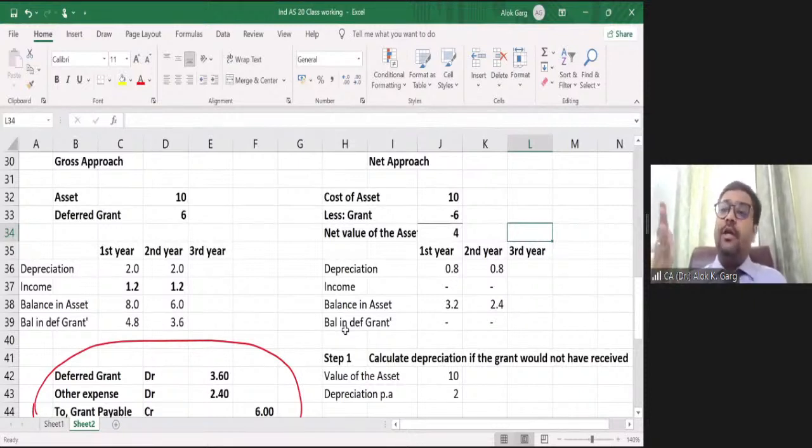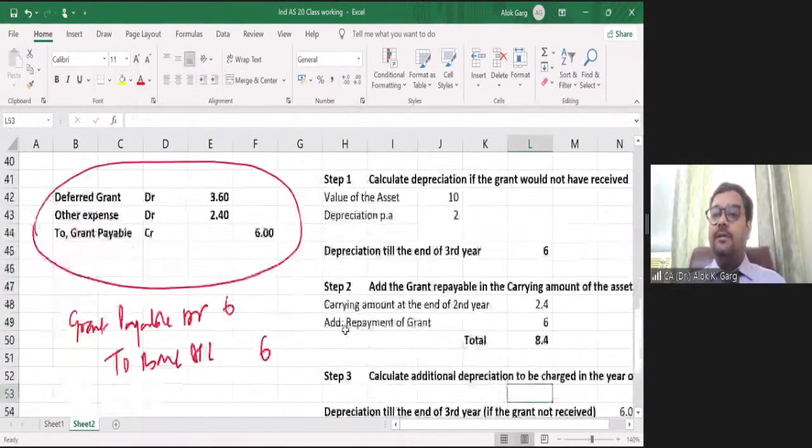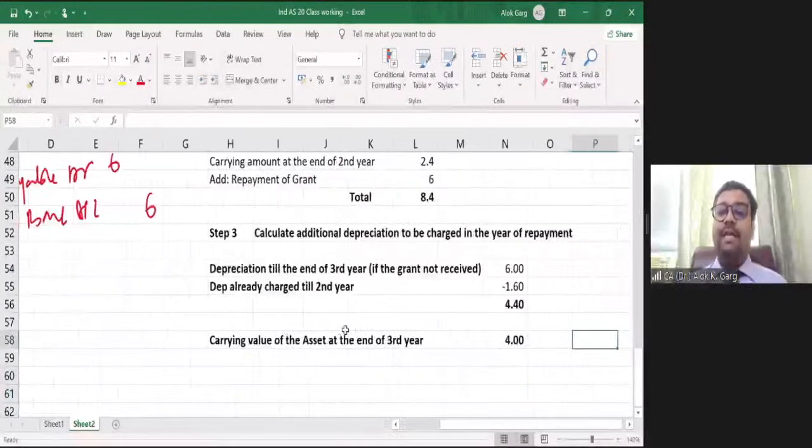Basically, first of all, you need to calculate what the depreciation could be if the grant had not been received. Then see how much depreciation has been charged. The difference has to be reduced from the carrying value of the asset. Okay, understood? So this will be the carrying value.